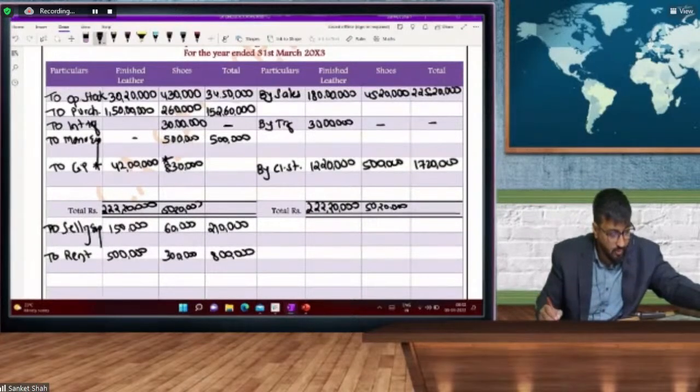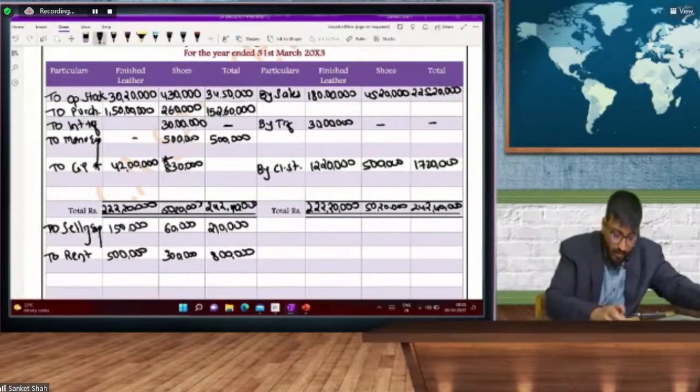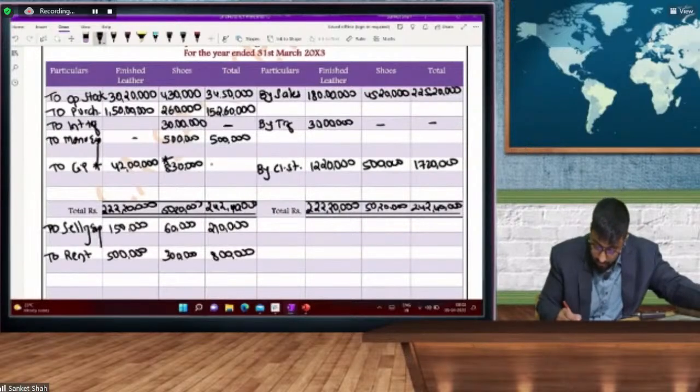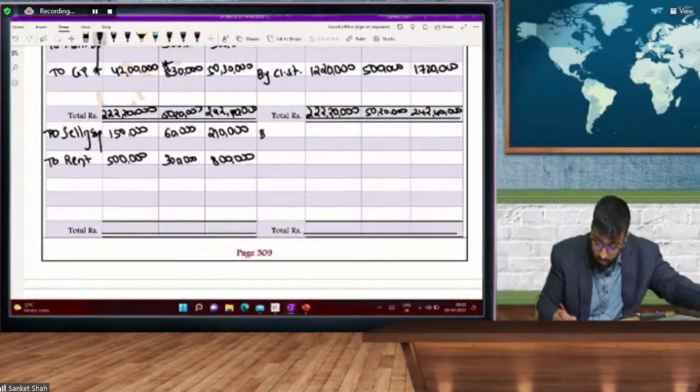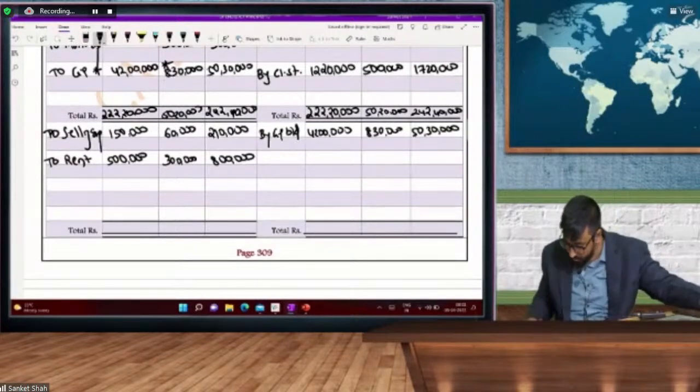And the last one is 242,400 minus 3,450 minus 515,260 minus 500, 50,30,000. So this is by GP brought down: 42 lakhs, 8,30,000, 50,30,000.